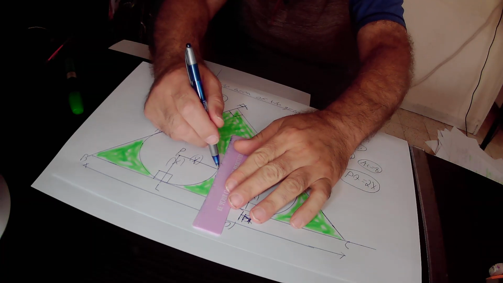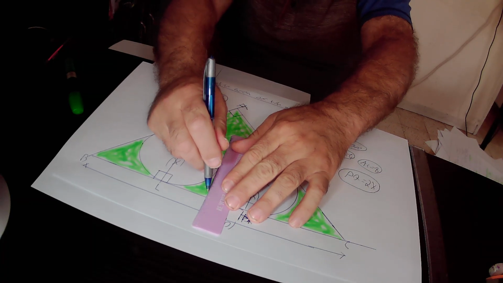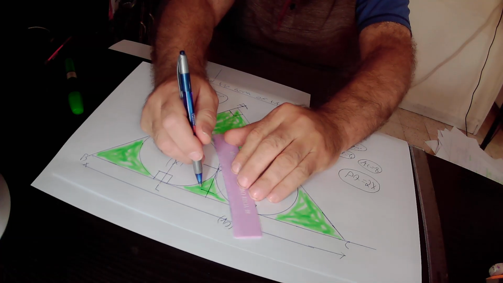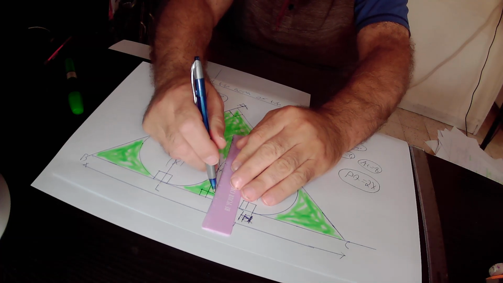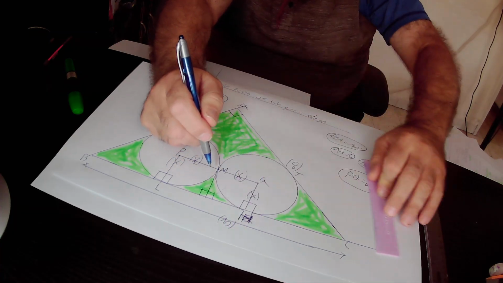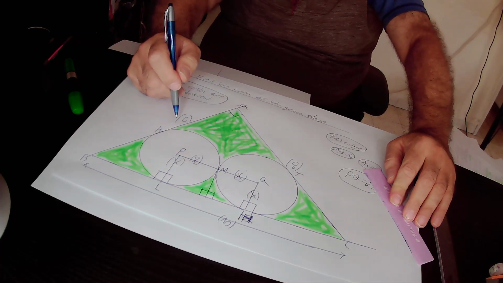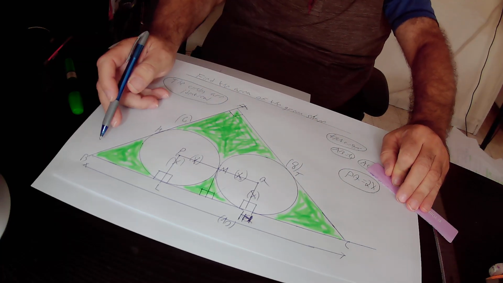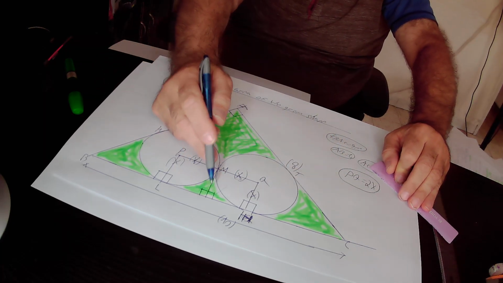So actually, this angle equals 90 degrees, and this angle also equals 90 degrees according to our construction. We define the touching point of the perpendicular from point M and BC. This point is point S.